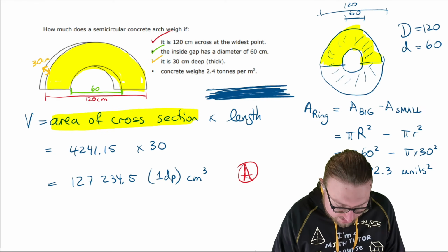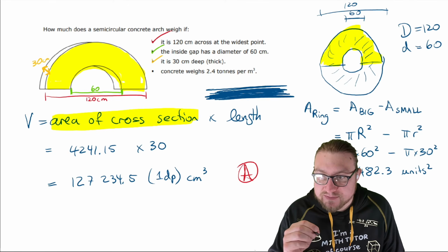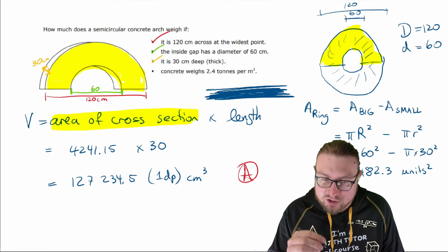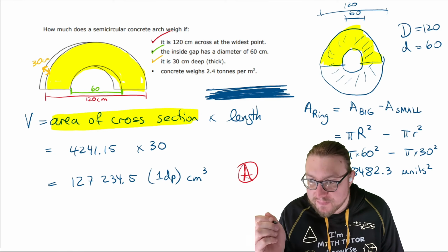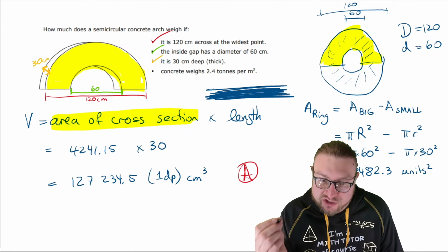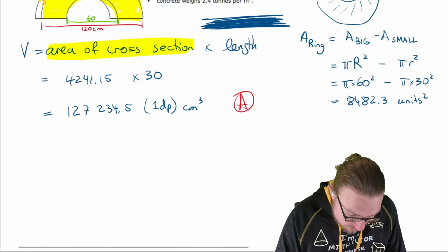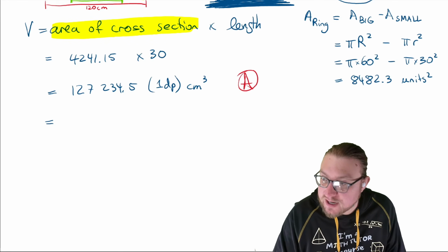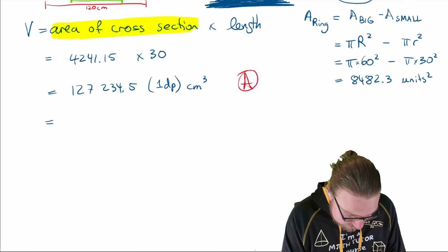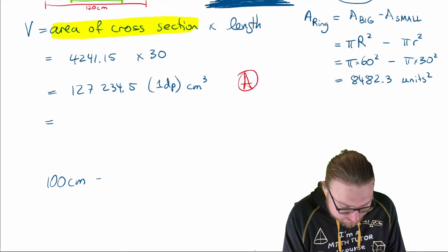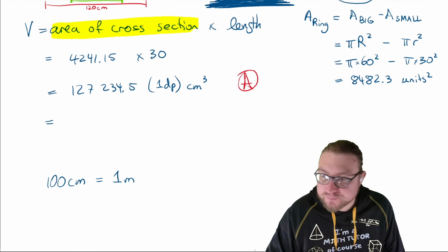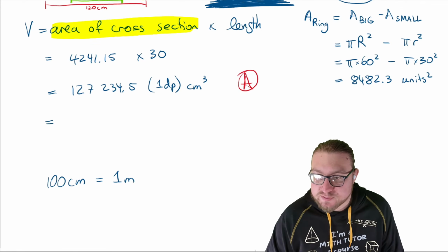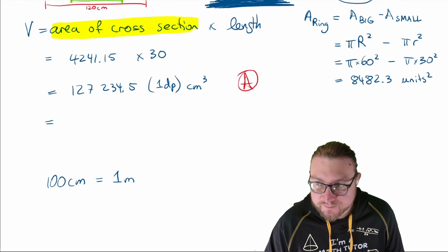And in order to calculate from cubic centimeters to cubic meters, we need to just change the units. So how do we change units here? Hopefully you guys all remember that 100 centimeters is equal to 1 meter. This is pretty standard, but we need this in order to find the answer.